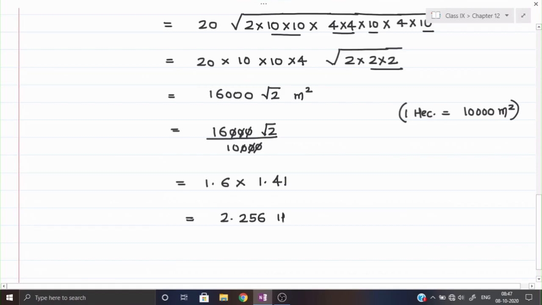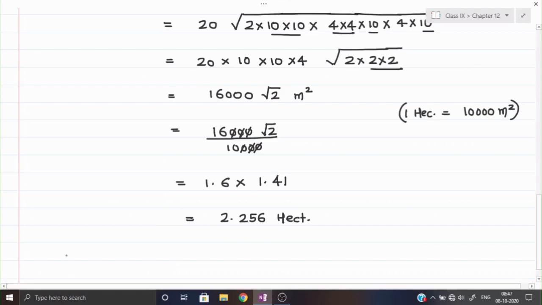So this will come 2.256 hectare. Okay, if you want to convert from 3 places to 2 places, observe the third place, it is 6. If the third place is more than 5 or equal to 5, then the second place will be increased by 1. So here 6 is more than 5, so the second place, that means 5, will be increased by 1.